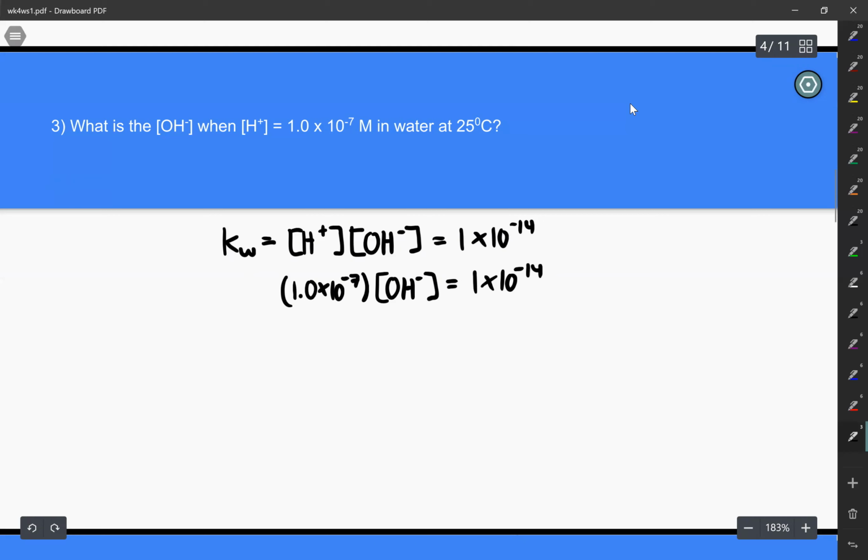So even without a calculator, you can see that the OH concentration is going to be equal to 1 times 10 to the negative 7, and this is in molar. Remember, this is significant because if both H plus concentration and OH minus concentration are equal in a solution, that means that the solution's pH is neutral.